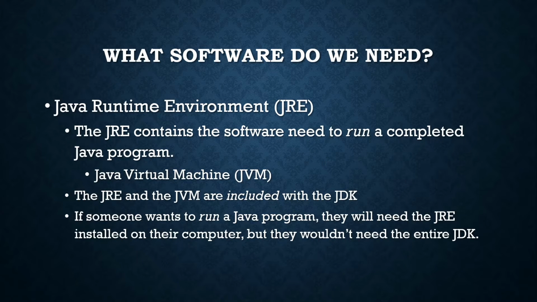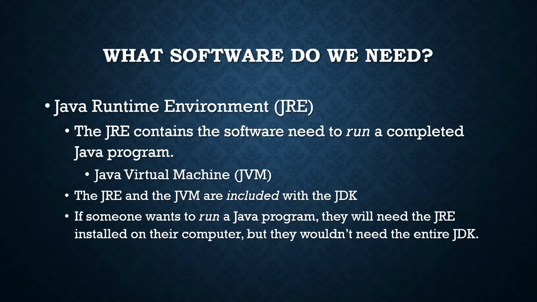The Java Runtime Environment, again, I said, contains the software needed to run a completed Java program. The Java Runtime Environment installs on your computer something called the Java Virtual Machine. And the Java Virtual Machine is very important because there's a Java Virtual Machine written for just about every popular operating system out there.